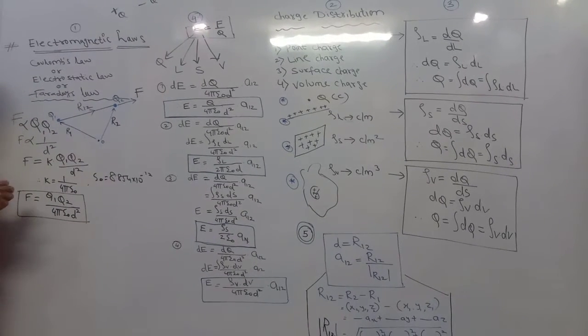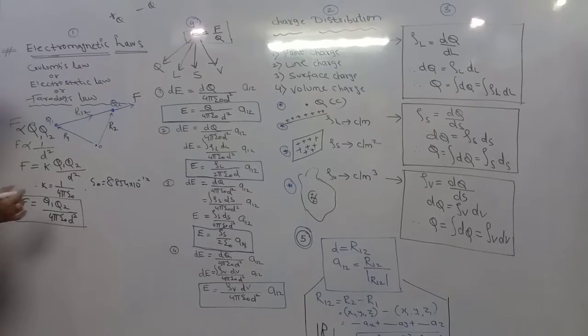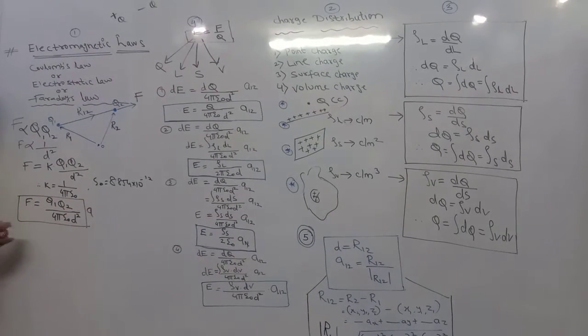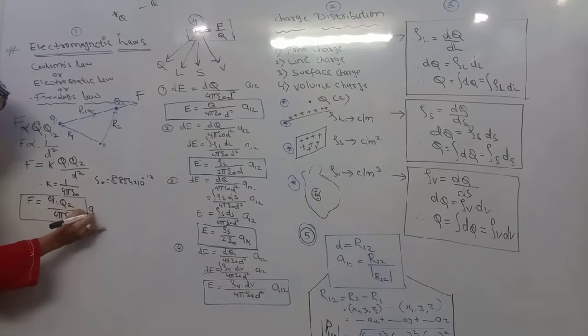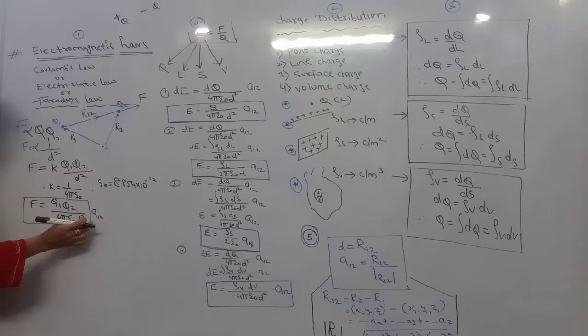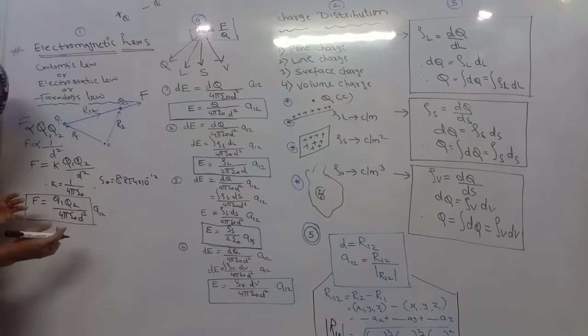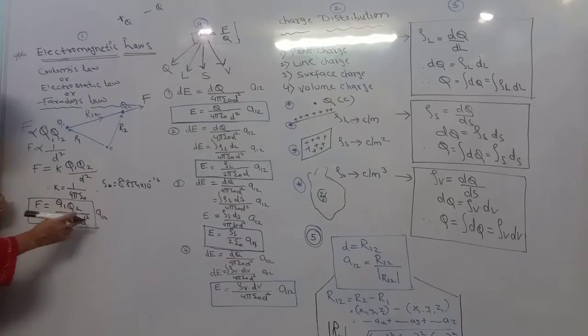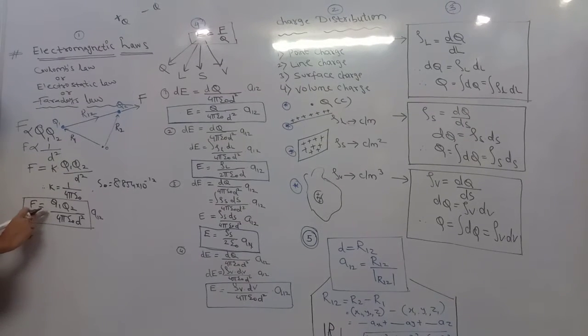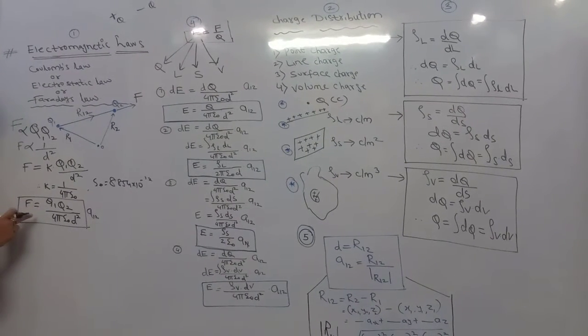But if you want to find it in a particular direction, then you need to take the unit vector A, and this A may be along the distances 1, 2, whatever. We will not focus on that right now. While simplifying numericals, it is a must to find out the direction. So in short, F is finally obtained with the help of Coulomb's law.